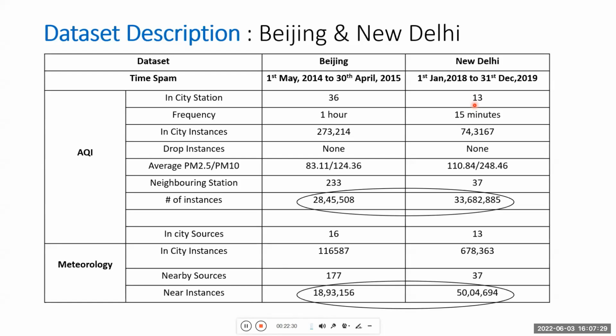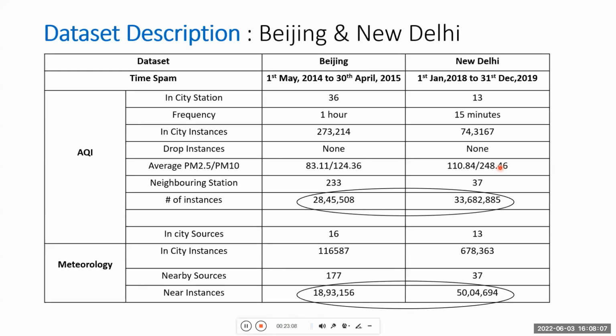After managing 13 nodes, we found that these nodes can be taken at a frequency of 15 minutes, and we have no drop instances, and overall 7,43,000 instances are there. PM2.5 and PM10 were the major pollutants among all these 13 stations in Delhi. So we have directly taken the average of these two pollutants as a source pollutant, and we governed our AQI near to this PM pollutant only.